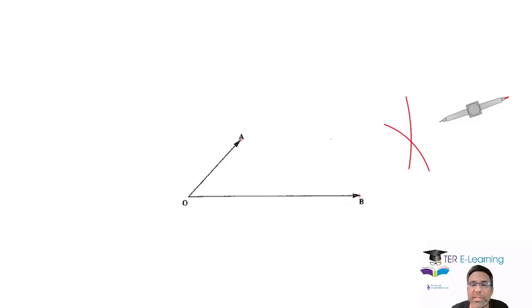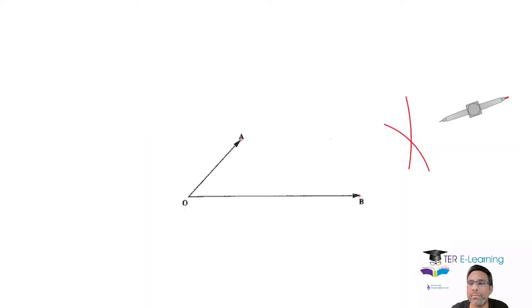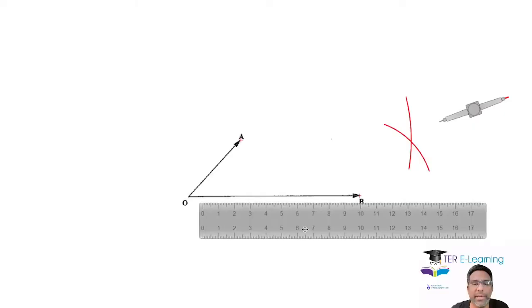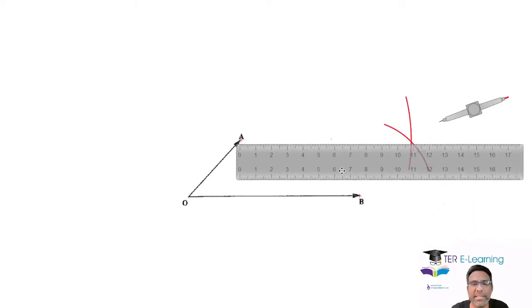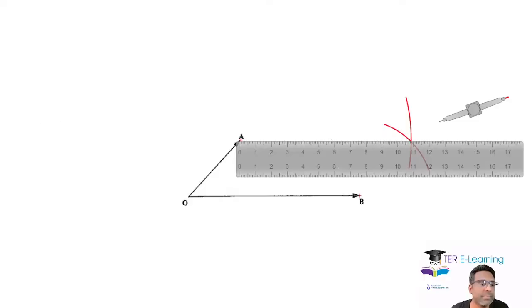They want us to complete the scale drawing to determine the resultant velocity. So all you need to do to figure out the resultant velocity is to complete the parallelogram. Let's take a ruler and place it at this point here.